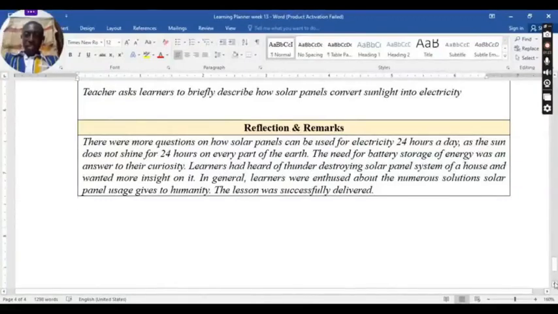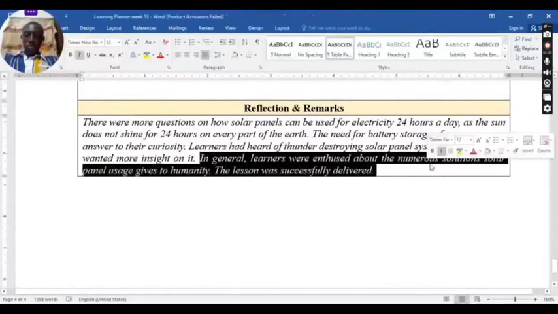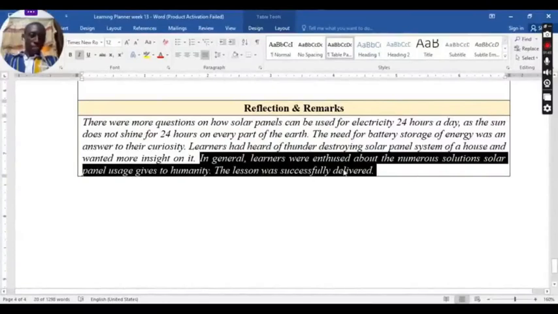Learners had heard of thunder destroying solar panel systems of a house and wanted more insight on it. In general, learners were enthused about the numerous solutions solar panel usage gives to humanity. The lesson was successfully delivered.